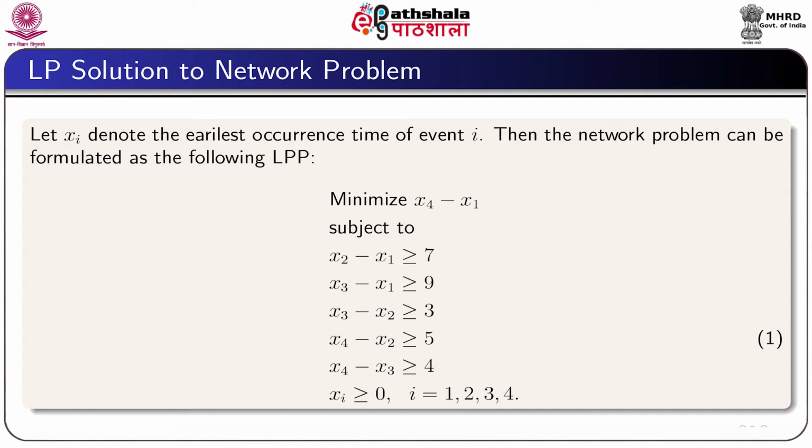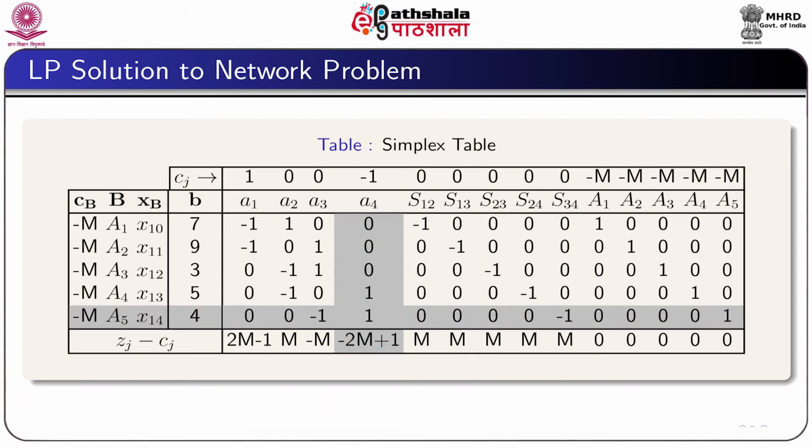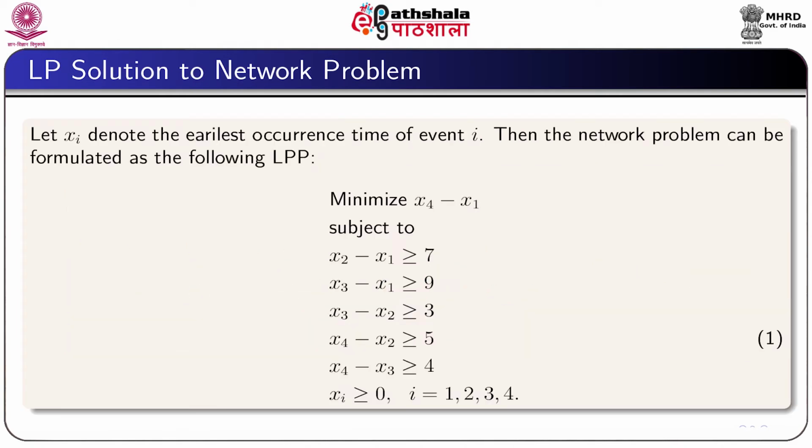Here we introduce the surplus variables S12, S13, S23, S24 and S34 for the first, second, third, fourth and fifth constraints. Even when we introduce the surplus variables, we are not getting the initial basic feasible solution to start with the simplex.